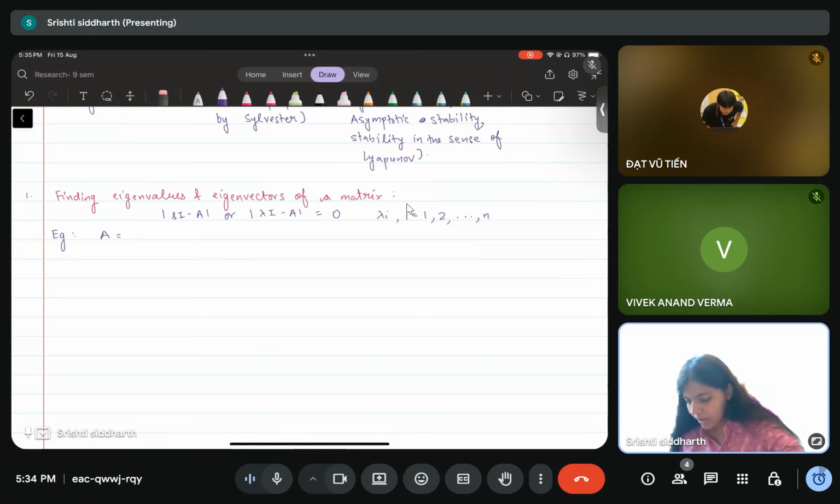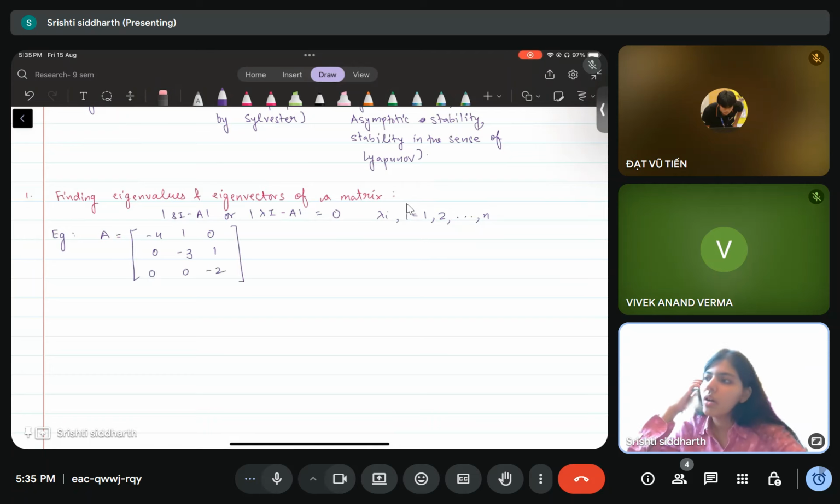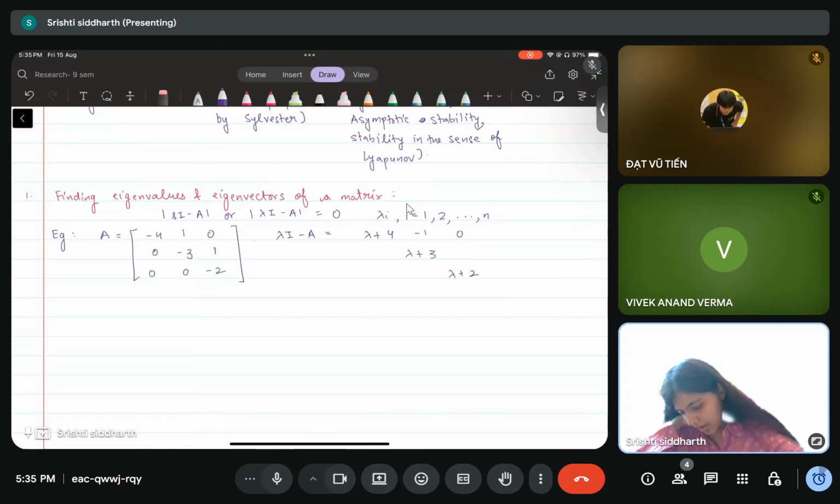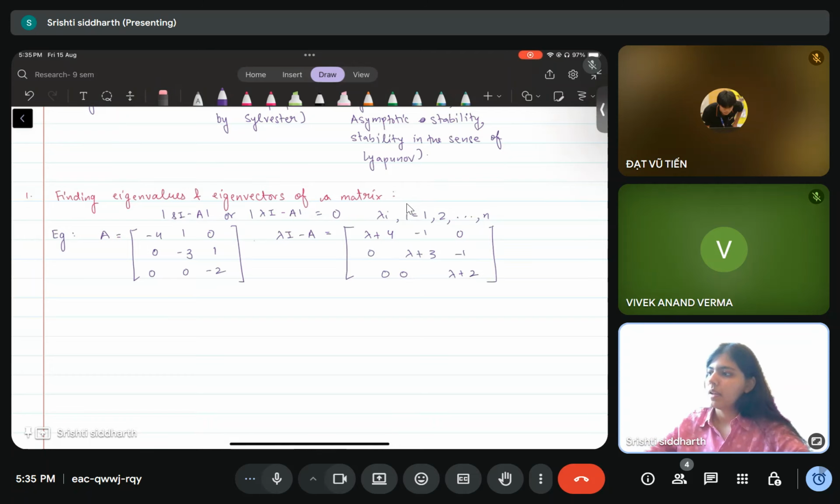It's a 3 by 3 matrix: -4, 1, 0; 0, -3, 1; 0, 0, -2. Let's first calculate lambda I minus A. That would have lambda plus 4, lambda plus 3, lambda plus 2 on the diagonal. The determinant of lambda I minus A, you can expand along this column.